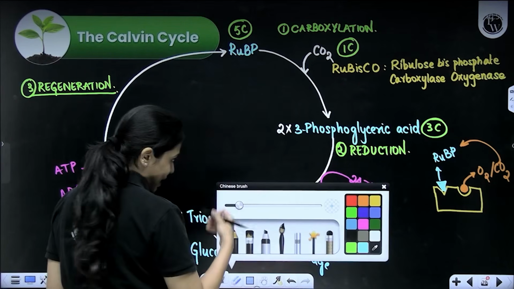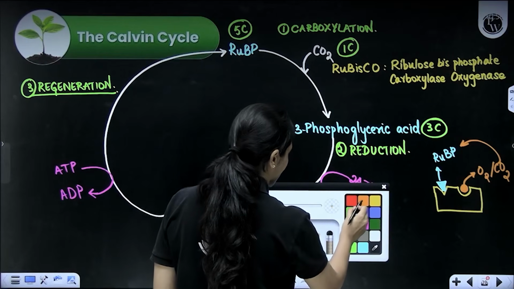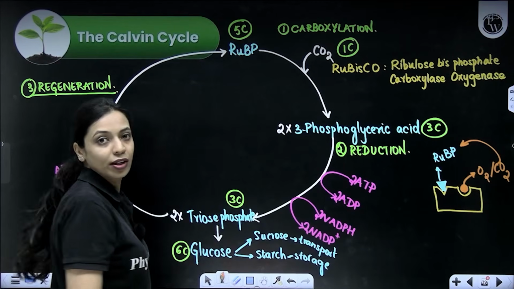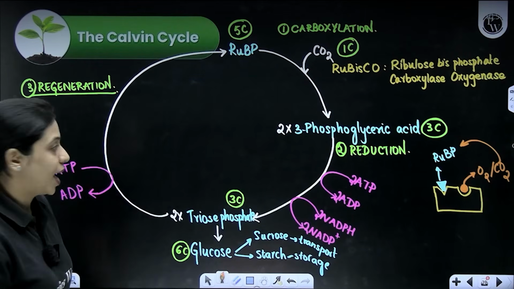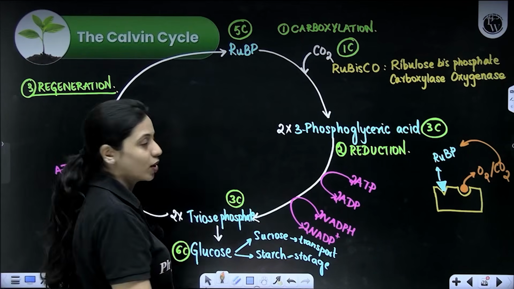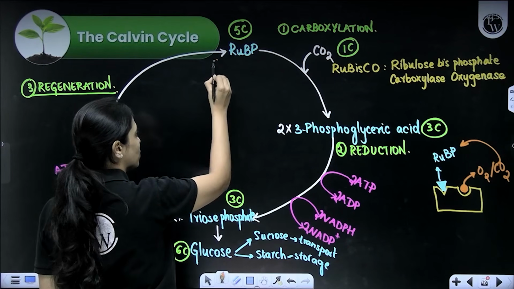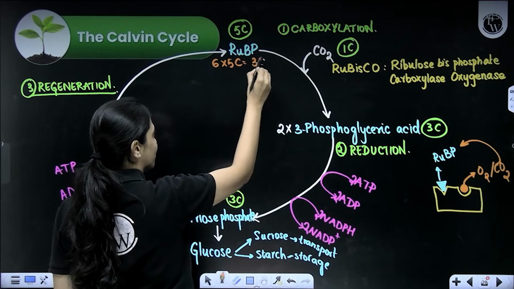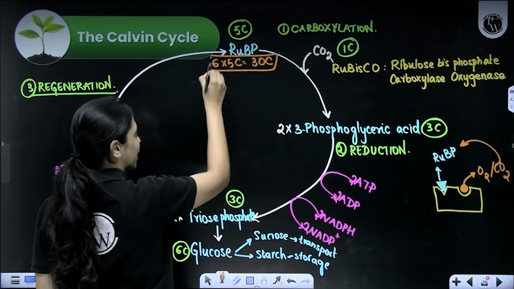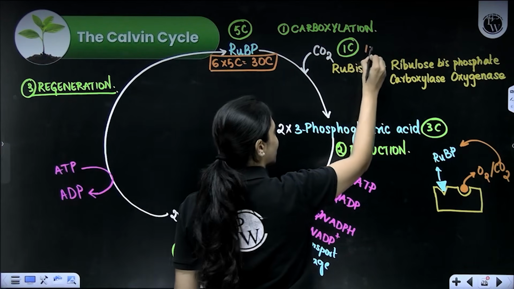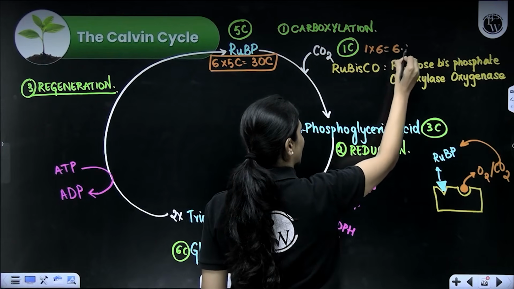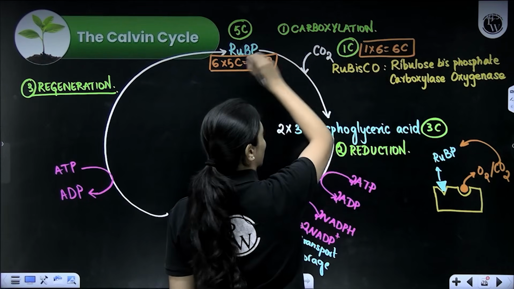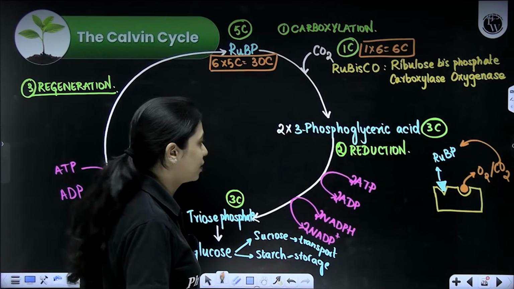If we consider the same thing with respect to 6 molecules of RUBP, let's take 6 turns all at once. We're starting off with 6 molecules of RUBP. 6 times 5 is, here you have 30 carbons. Here you have 6 carbons. So you have a total of 36 carbons here.